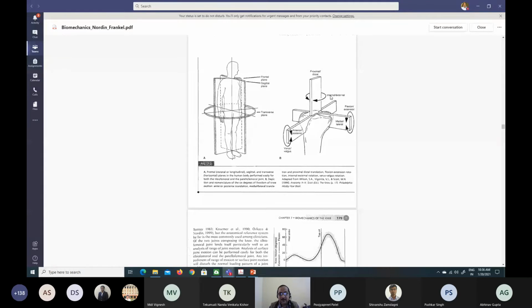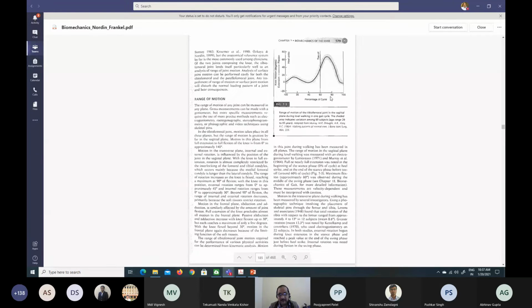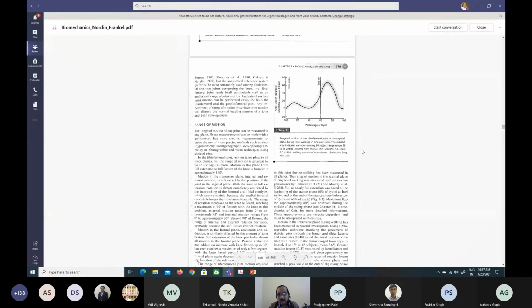Now, if I would like to say more about the tibiofemoral joint, this is basically the range of motions of the knee flexion extension as you execute a walking cycle or a gait cycle. So maybe from 0, 20%, 40%, 60%, 80%, 100%.